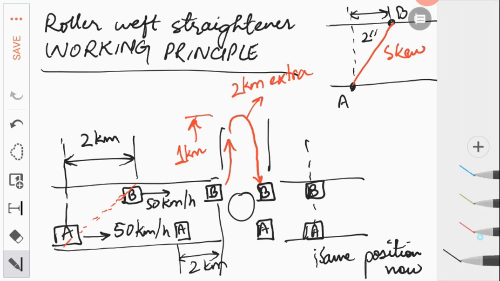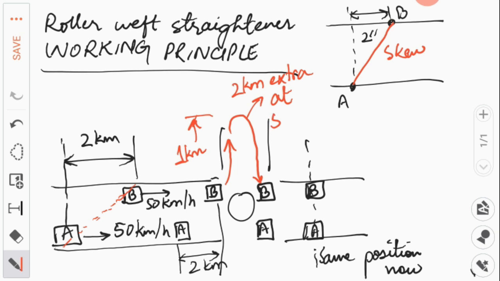So that's exactly the working principle of a roller weft straightener. But in order for these cars to be at the same point after car B has traveled an extra 2 kilometers, it's important that while car B was traveling this extra distance of 2 kilometers, it was traveling at the same speed. So you can apply the exact same rule on this fabric and this skew distortion that is present in it.